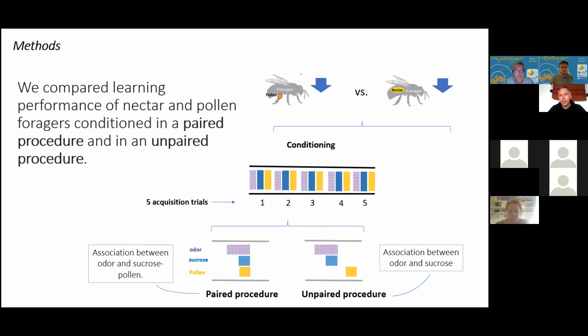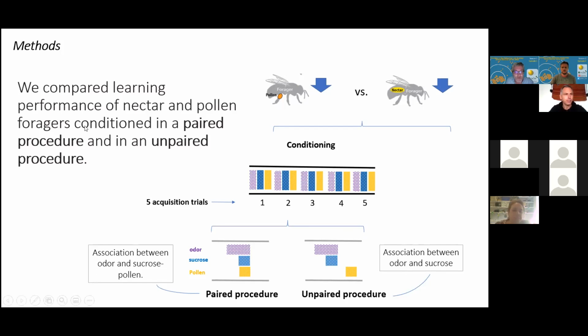But then if there is some association between sugar and pollen odor, then we might see that this contribution is not the same here and here, because here the association, or the probable association, between the pollen odor and nectar would not contribute to the response we observed.